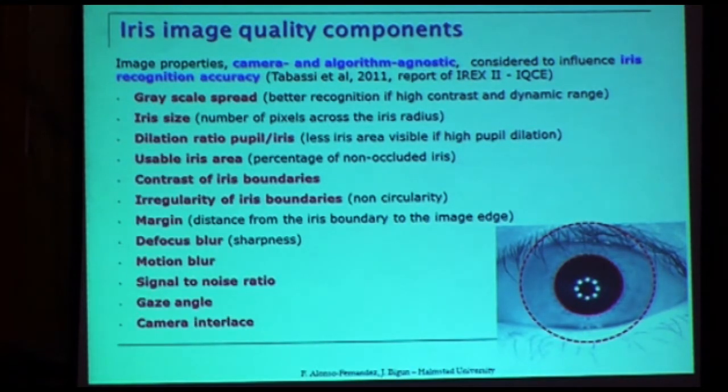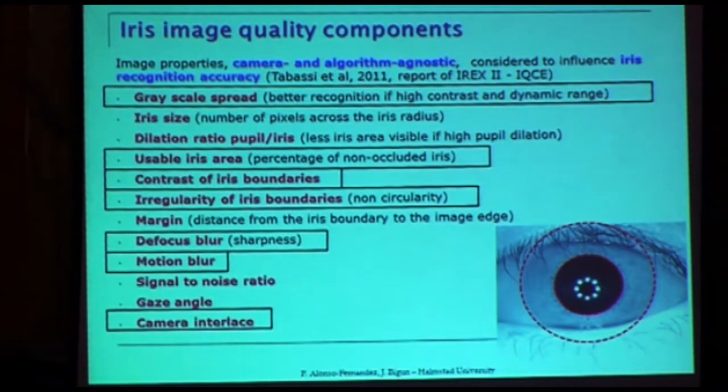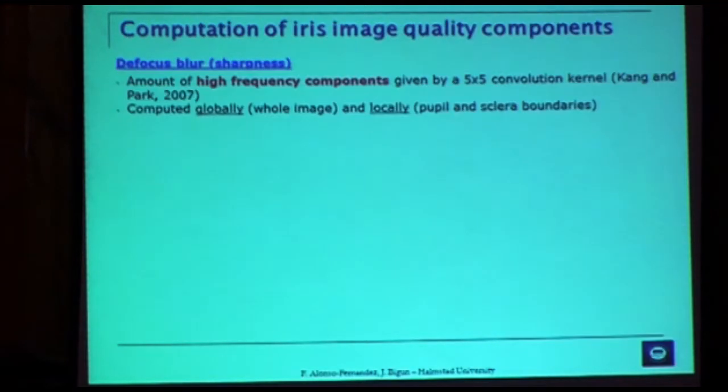In this work, we have implemented algorithms to measure several of these image quality components. They are indicated here. They are based on algorithms already proposed, or in some cases we propose new ways of computing these quality components. To compute the focus blur, we measure the amount of high-frequency components using a convolution kernel.